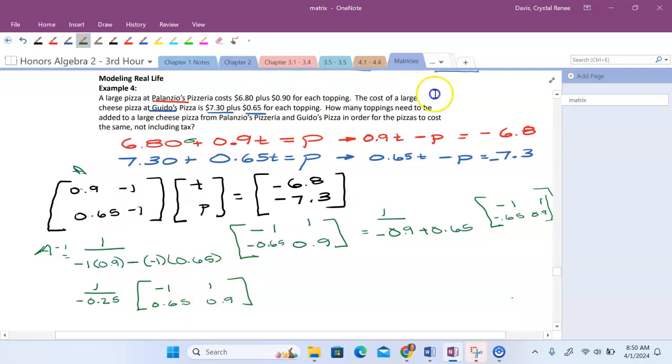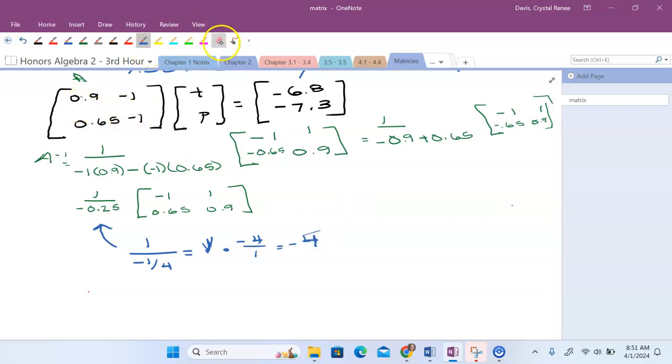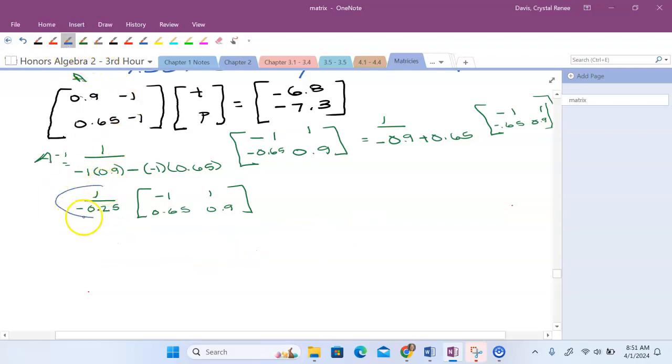Okay, now, just to clarify where this is coming from, this here is the same as 1 over negative 1/4. 0.25 is 1/4. Okay, so remember when we divide by a fraction, it's the same as multiplying by the reciprocal. So it's the same thing as saying 1 times negative 4 over 1, which is just negative 4. Okay, so this here is negative 4.